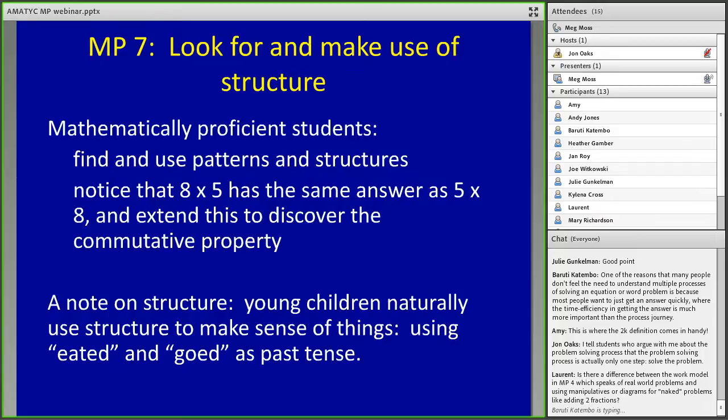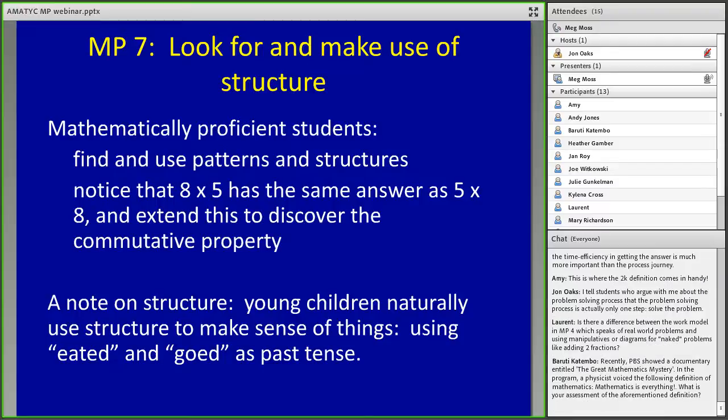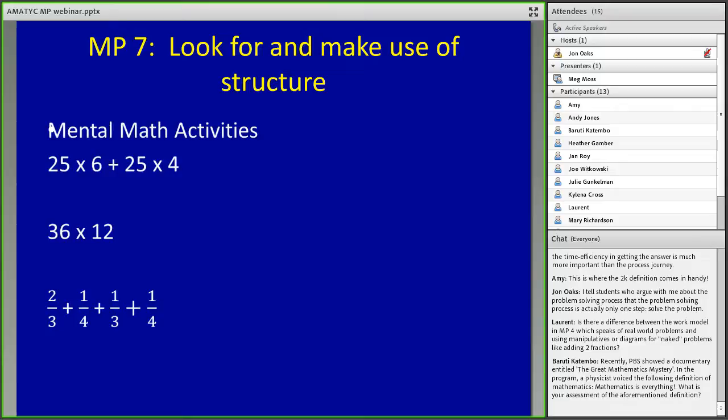Because they've noticed the structure for the English language is usually you put an ed on the end of a verb, and that makes it past tense. So that's kind of a literacy example of using that structure. And there's a case where the structure led them astray, obviously, right? And sometimes looking at structures in math can lead students to something that's not true.